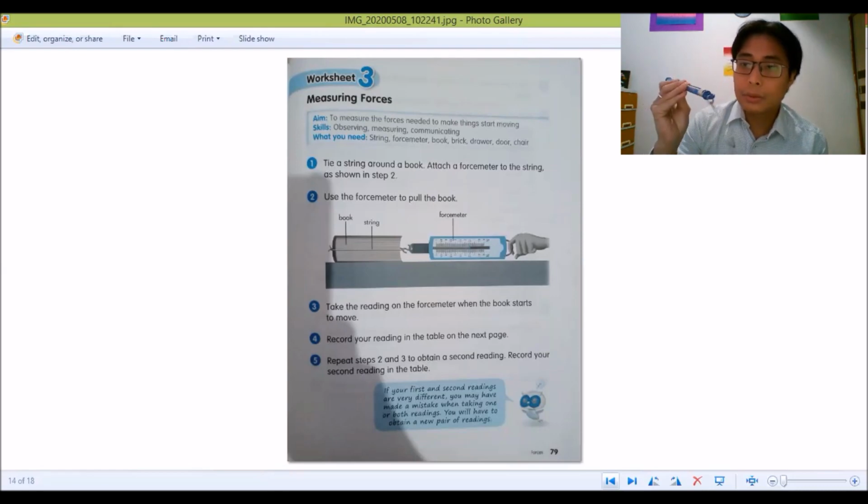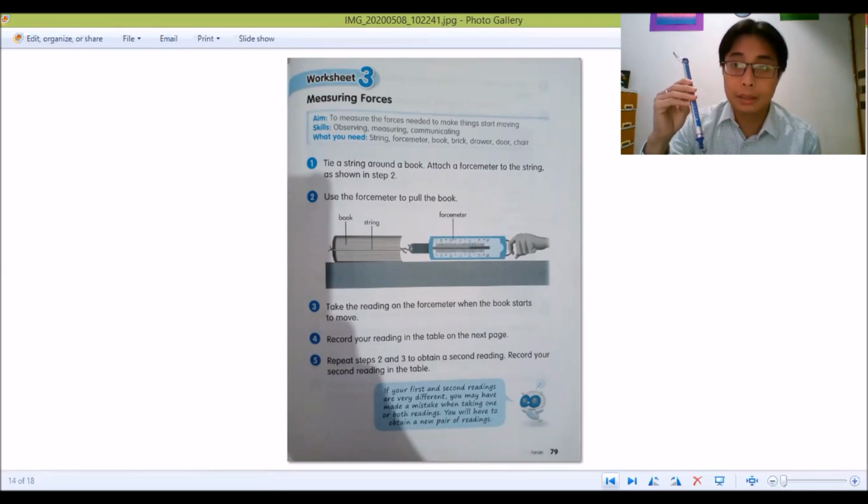So I'm just going to demonstrate this and use it for our activity, and whatever result I get here, just copy it and write it in your activity book. Again, later, once we use this on different objects, just copy the result and write it in your activity book. And then the rest, the questions, you should answer on your own. Is that clear?